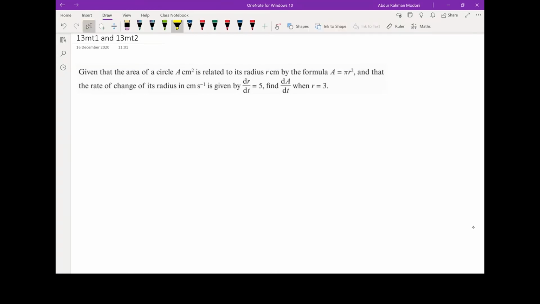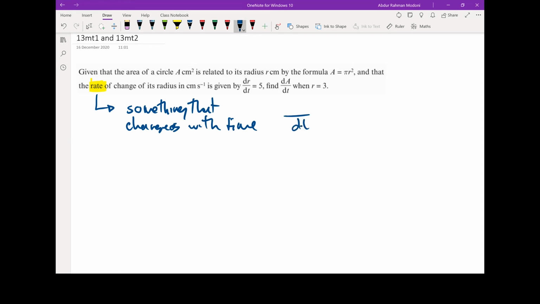So what we need to understand is what a rate is. Whenever they mention the word rate, it is always associated with something that changes with respect to time. So a rate will always be something over dt, something by dt.